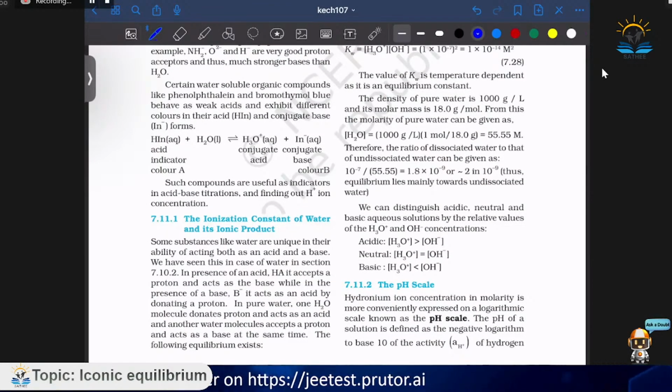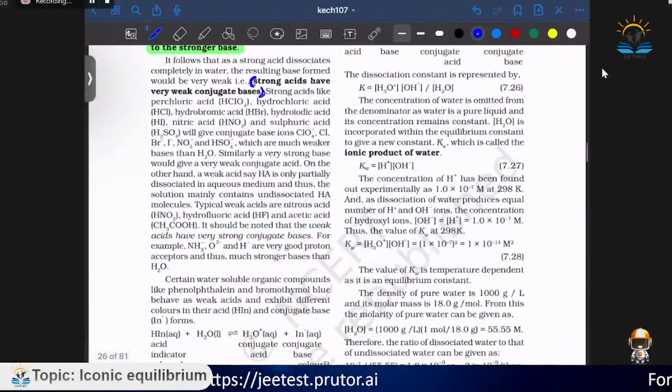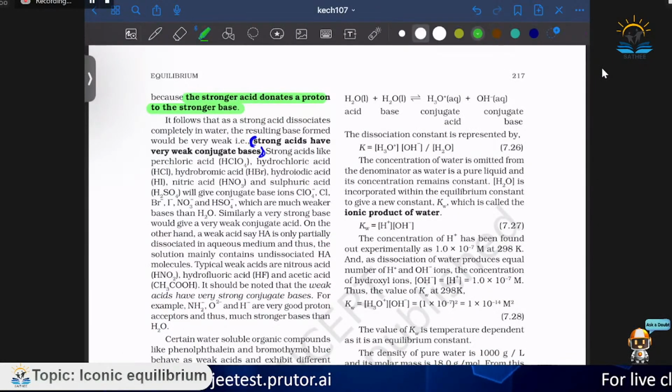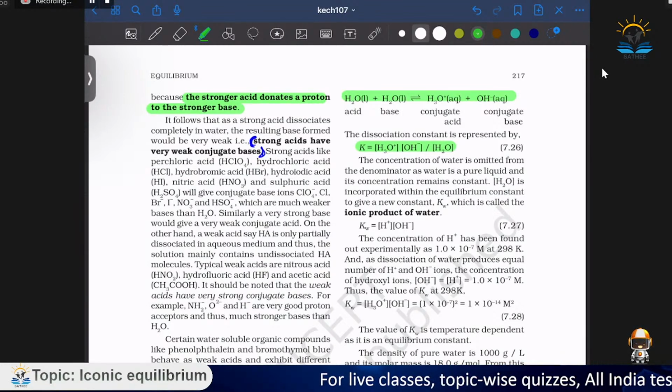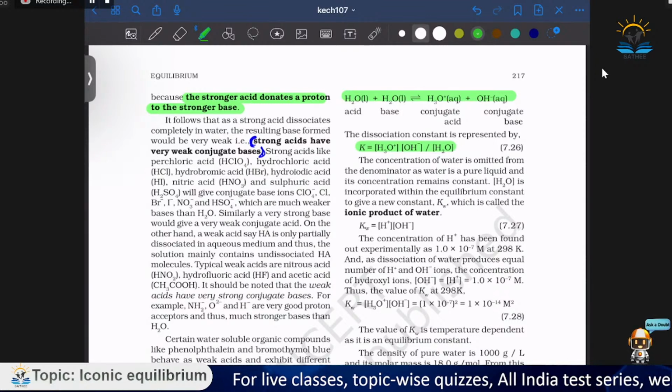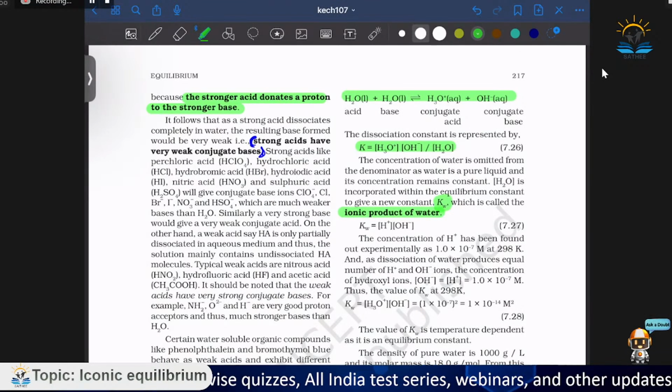Moving on, the ionization constant of water and its ionic product. For water, we have defined its ionization, and we have defined its ionic product, which we need to remember. So this is the equation for ionization of water. The dissociation constant, as we had done in chemical equilibrium, is represented by this. There were chemicals there; here we just put ions instead of chemicals. Nothing much of a difference. The only thing is there is a new constant for water, called the ionic product of water, and it is equal to this.